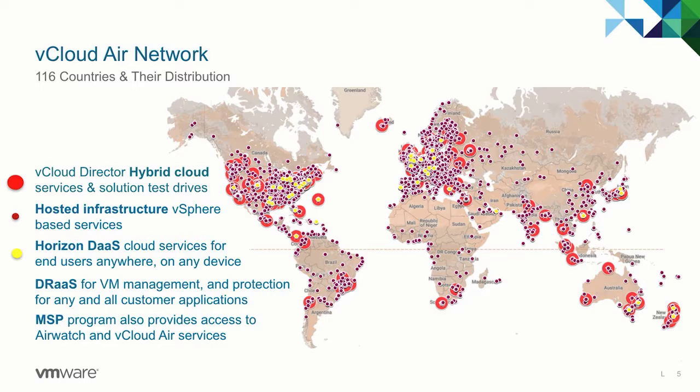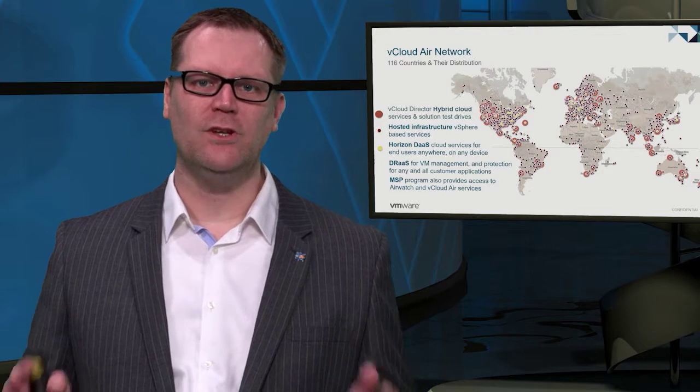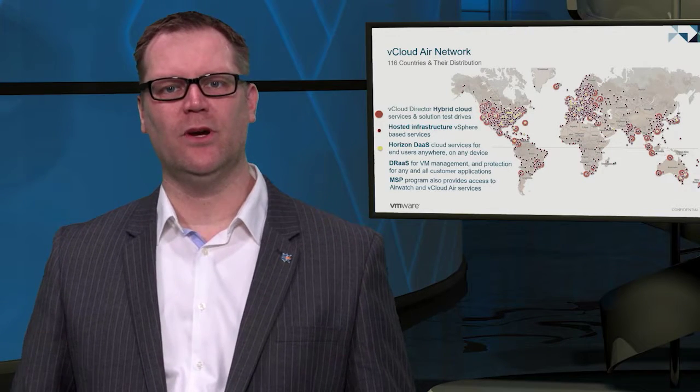This allows you to leverage providers for all your cloud services, whether managed services, disaster recovery, infrastructure as a service, or software as a service, globally. So it's distributed everywhere, which gives you the massive scale you need as an enterprise customer.